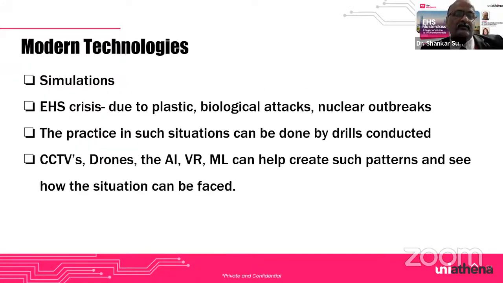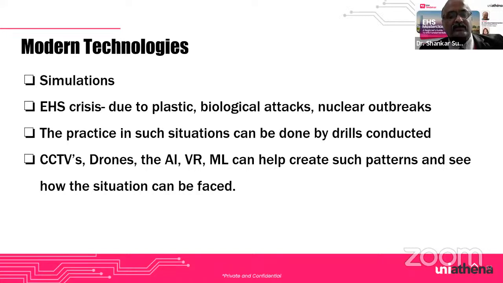Modern technologies, as I said: we can use simulations to understand what can go wrong. We have technologies to create scenarios, so we can use VR, virtual reality, and things like that. EHS crises due to plastic, biological attacks, nuclear outbreaks are already happening.